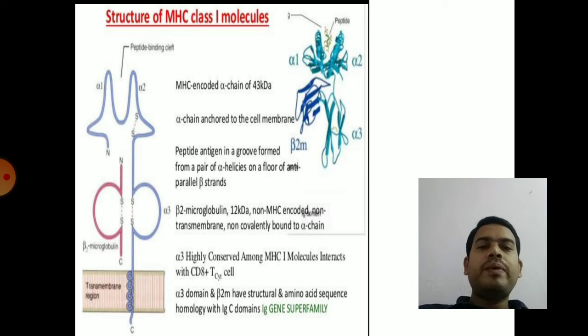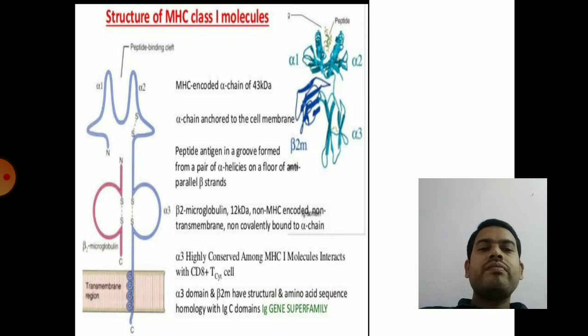You can clearly see the peptide binding cleft. So there is a single alpha chain with 3 loops or domain structures. And you can clearly see the beta 2 microglobulin, which is 12 kilodalton. It is a non-transmembrane component that is present on the class 1 MHC.